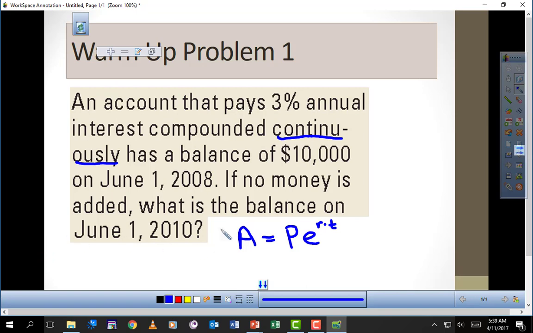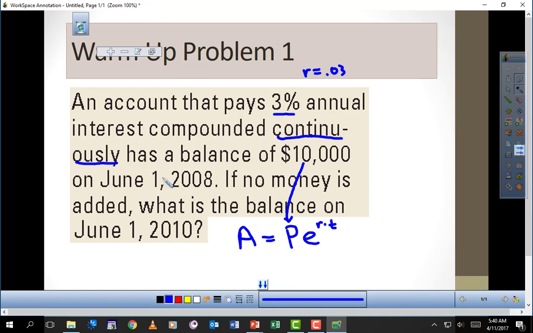Like for example, we start off with a $10,000 deposit. That's the principal. That number goes in there. And then the rate is this percentage right here, but rates we usually write as a decimal, so we're going to write the rate as 0.03, and then that will go in right here.